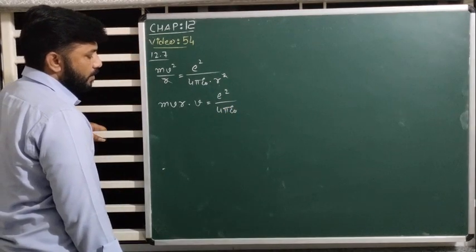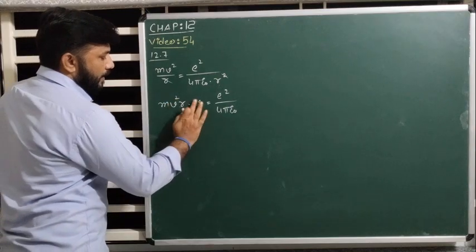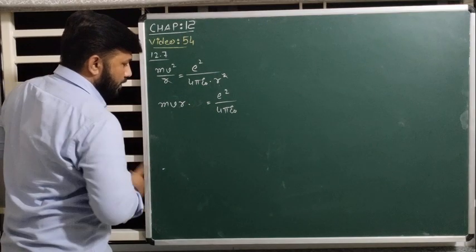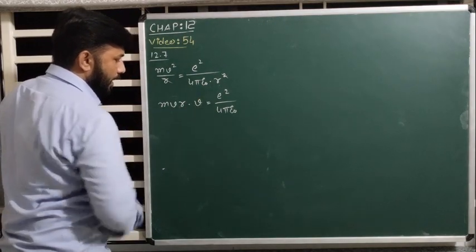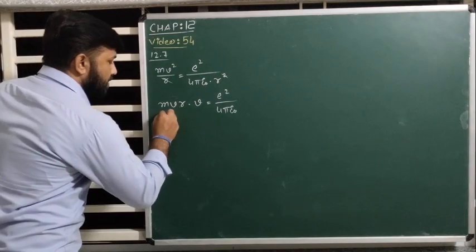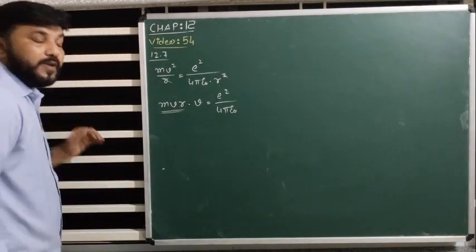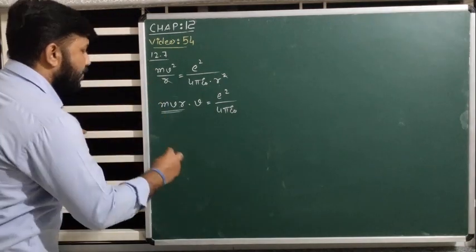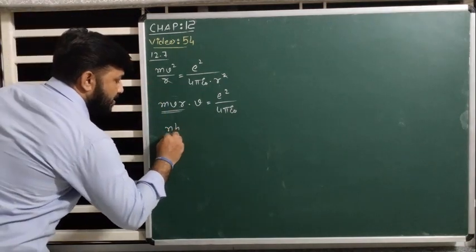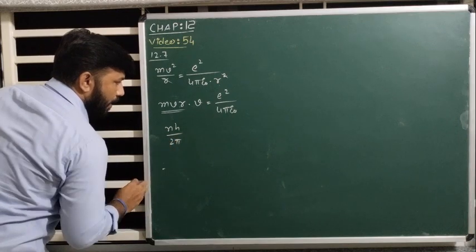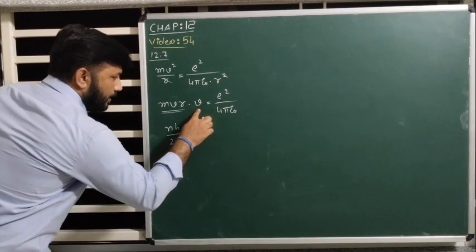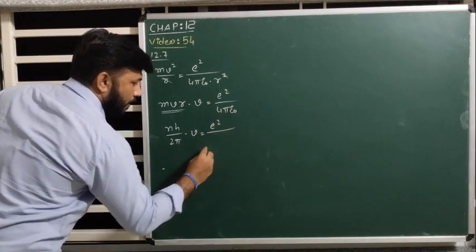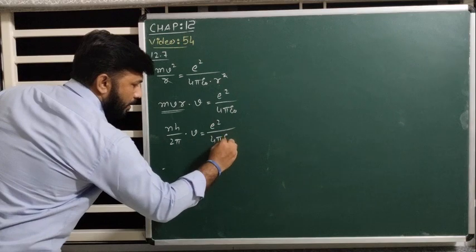Take v square like this. Why? Because what is mvr? mvr is nothing but Bohr hypothesis number 2. So mvr is nothing but nh upon 2 pi multiplied by this v, is equal to e square upon 4 pi epsilon 0.